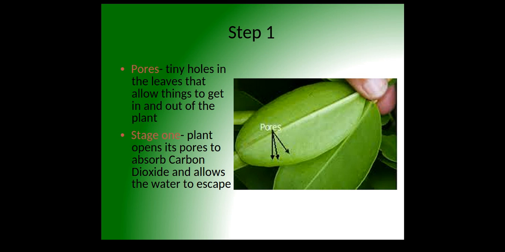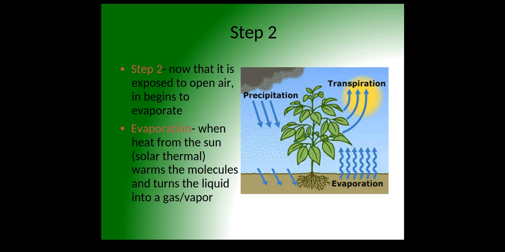As soon as the water escapes, it is exposed to open air, which means that it's also exposed to solar radiation, or solar thermal, heat from the sun, about which we spoke earlier. And what happens then?